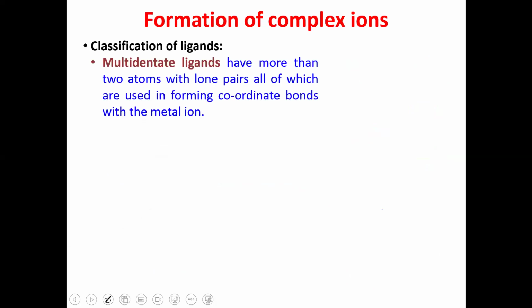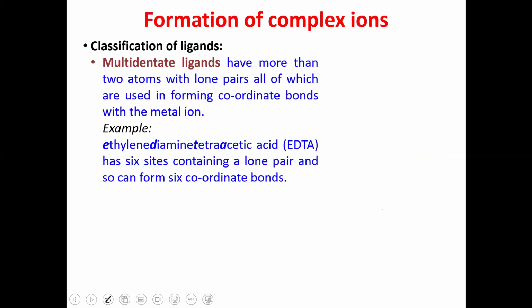Classification of ligands, then multidentate. Multidentate are those which can bind with multiple ones, and the most famous example in our course is the EDTA. It has 6 sites containing a lone pair, and so it can form 6 coordinate bonds. Look at this multidentate.